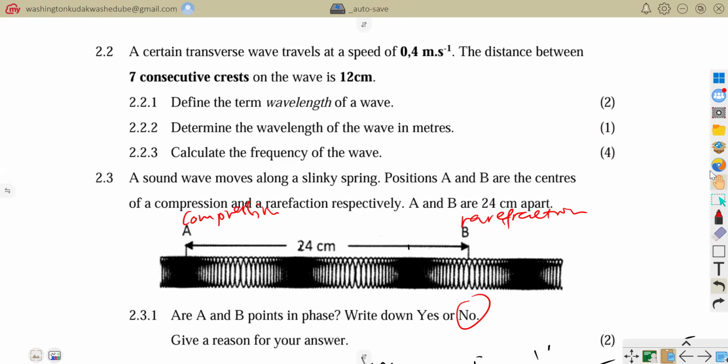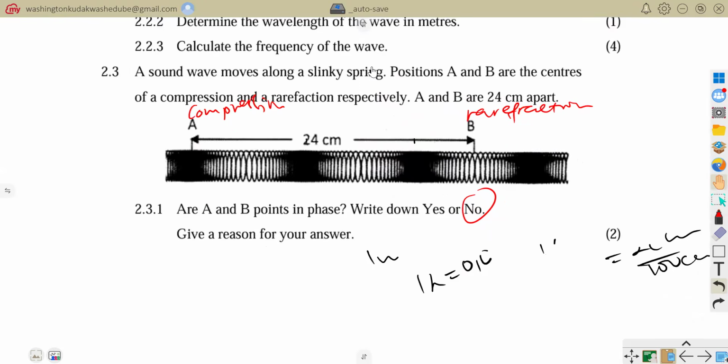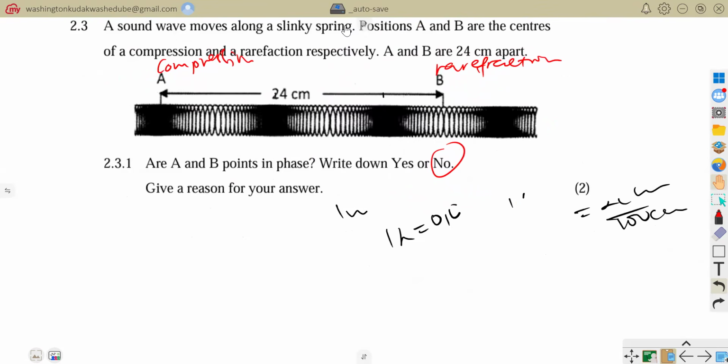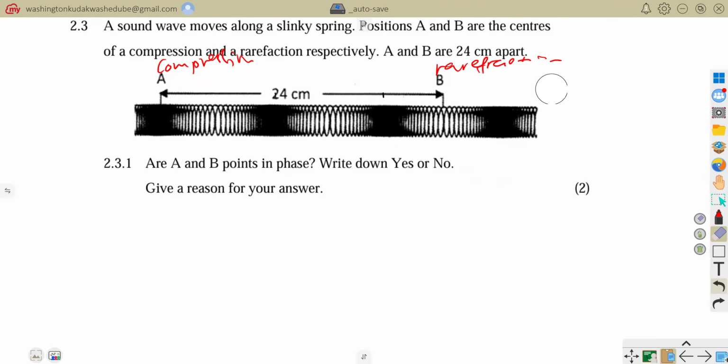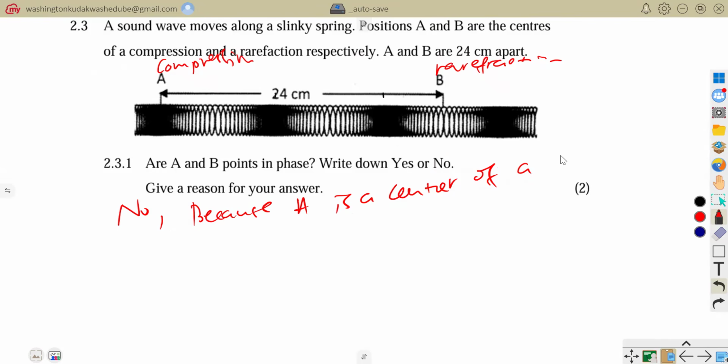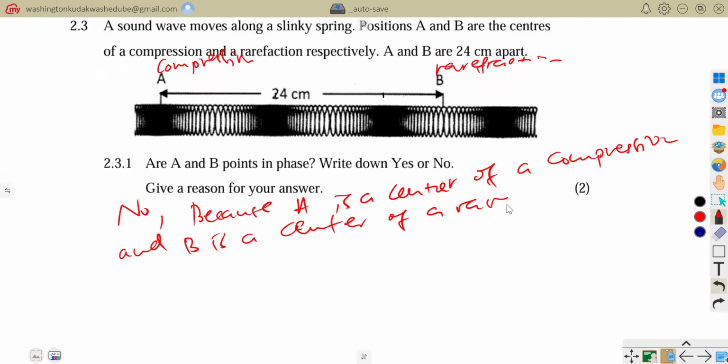So let me just write this down. So we are saying that no, because A is a center of a compression and B is a center of a rarefaction. This information was already given.